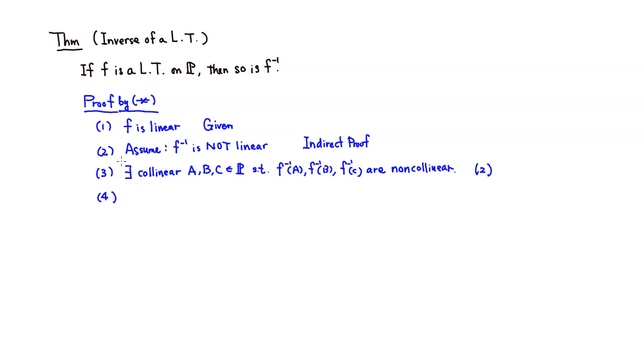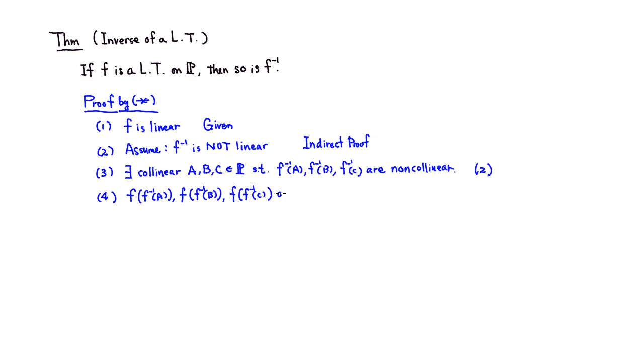All right, so why don't we apply f to those 3 points? These are non-collinear points, so you have f of f inverse of A, and f of f inverse of B, and f of f inverse of C, right?